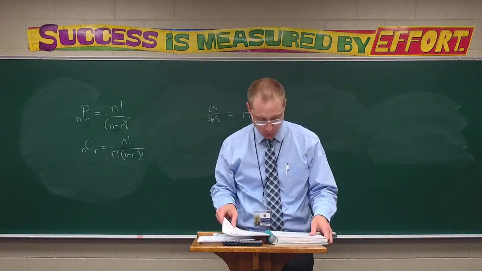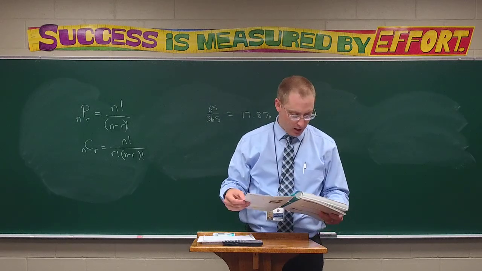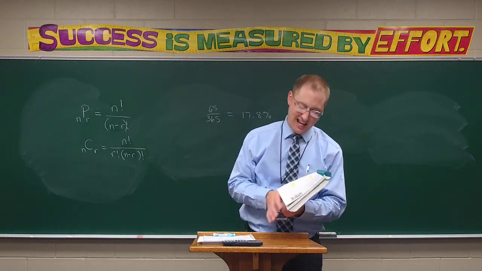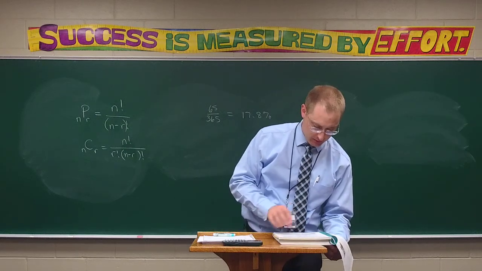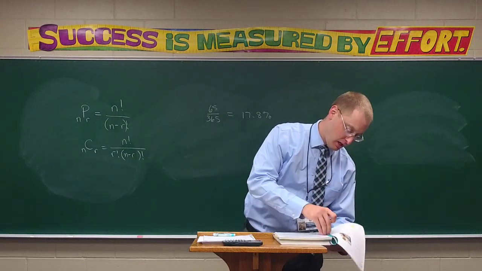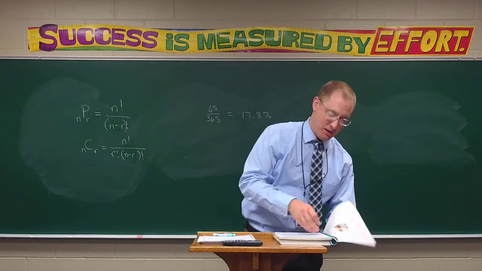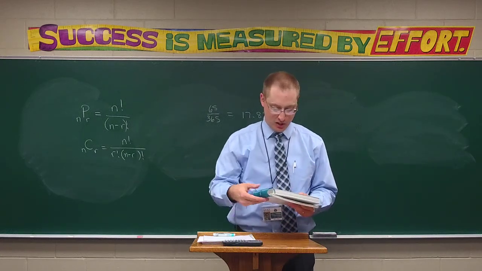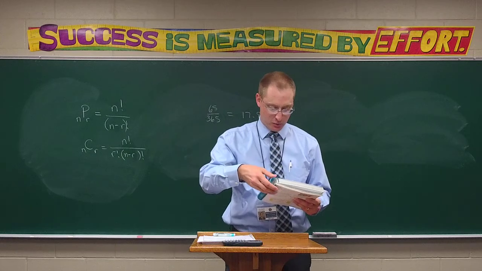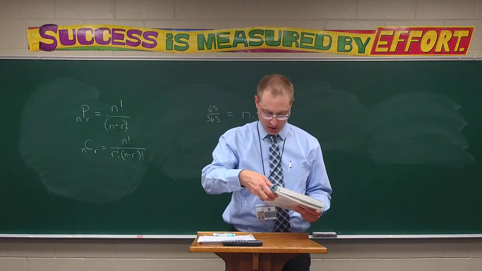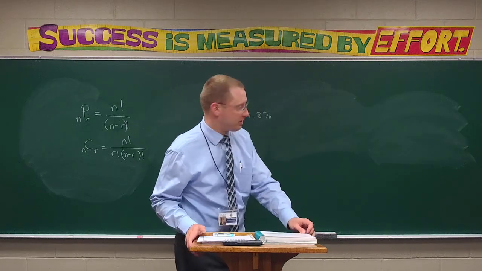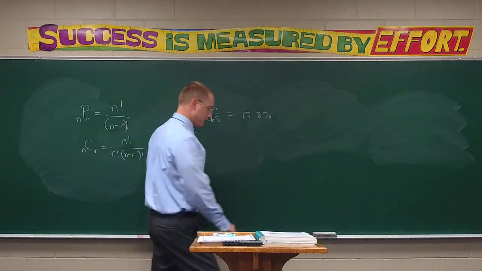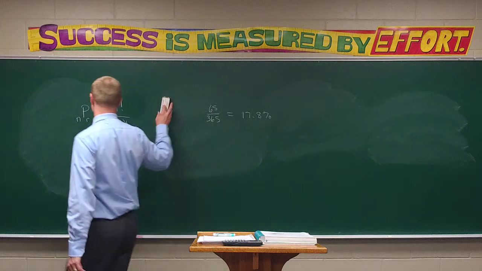Flip back to page 524. I want you to do numbers 10 and 12. And since these fractions get pretty gnarly, let's go ahead and do percents. I think that'll be easier than some of the weird fractions we're getting ready to face. Big ugly fractions can be frustrating.